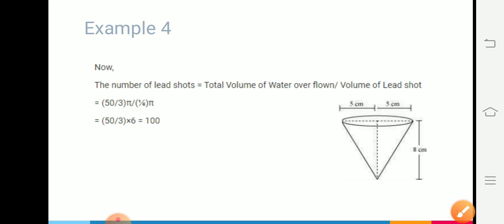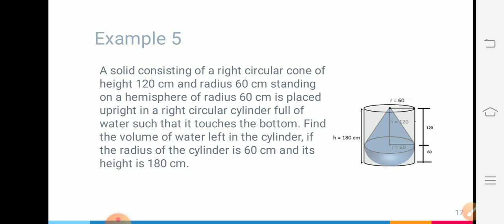So now the number of lead shots will be the total volume of water overflown divided by the volume of the lead shots, because you know the radius of the lead shots, which are spherical in shape. You have found out the volume of lead shots. So divide both, and you get the number of lead shots.